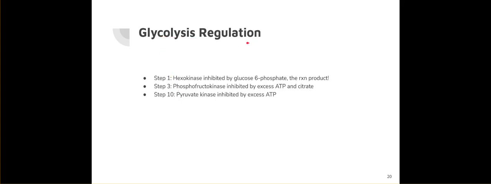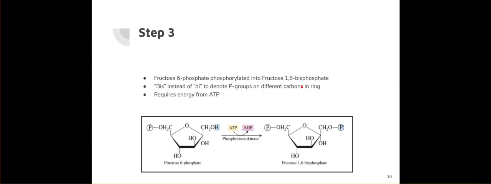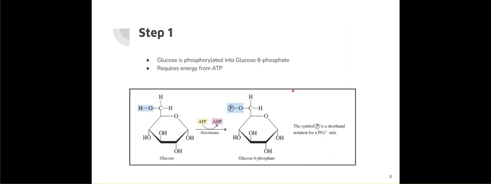Glycolysis is regulated by some inhibitors. In the very first step, hexokinase, which is our enzyme used in that first step, gets inhibited by glucose 6-phosphate, which is the reaction product. So if we go back to step 1, all the way back up here, we have this hexokinase being the catalyst for this, and it produces glucose 6-phosphate.